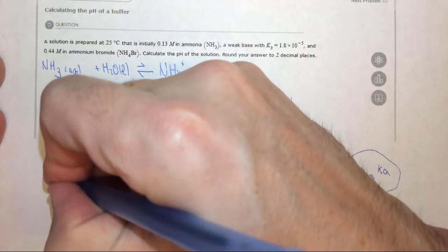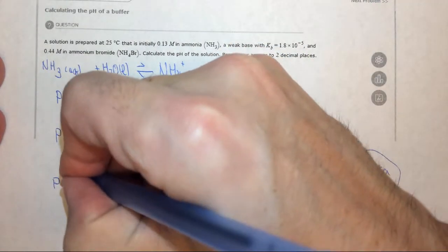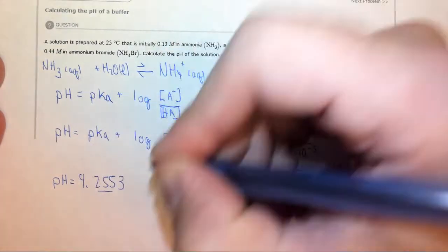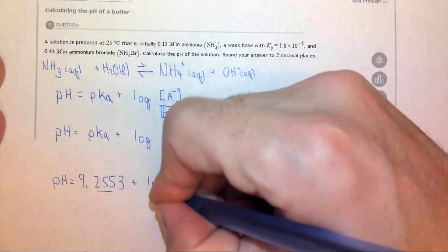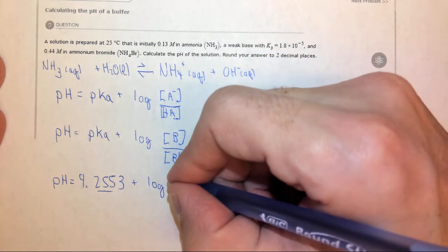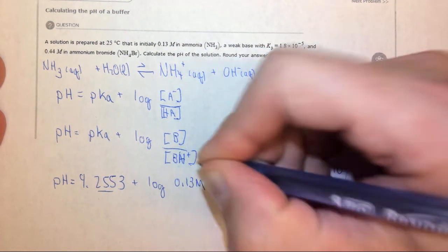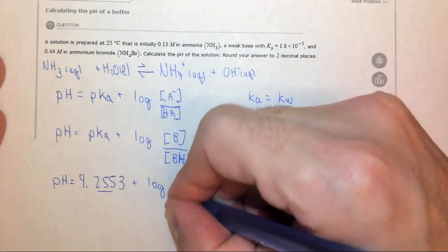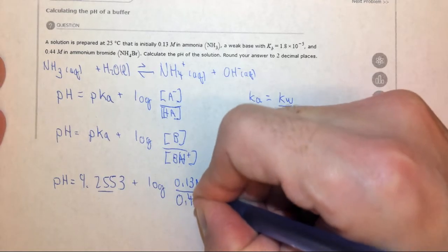So pH equals the pKa, 9.2553, plus log concentration of B, 0.13 molar, over the concentration of NH4 plus, which is 0.44 molar.